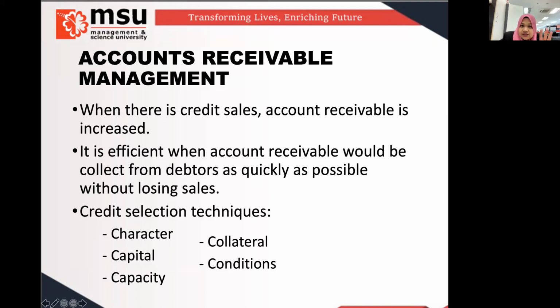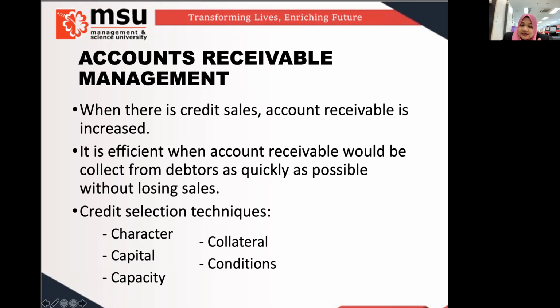These are examples of assets that can be used as collateral. Collateral means the backup if you're not able to pay the debt. So you will give these things to the debtors or to the lenders.